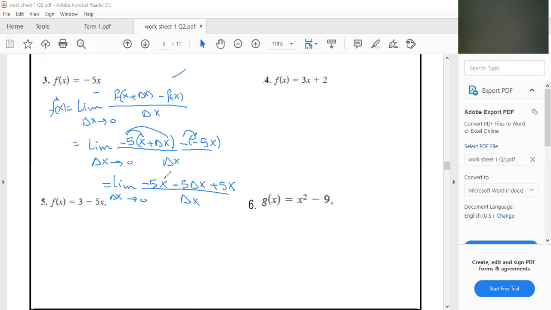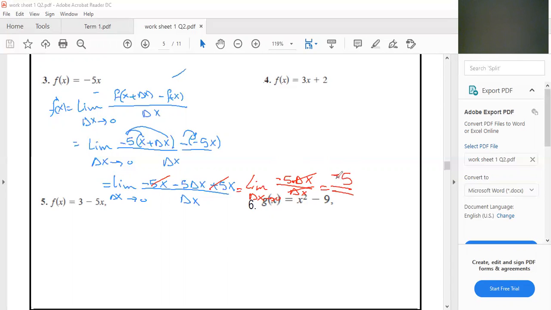Okay, I add the like terms, this one cancels together. So it will be what? Limit -5 delta x over delta x. It means multiply. If you write a number before any variable, it means multiply. Delta x approaches 0. Cancel this one.